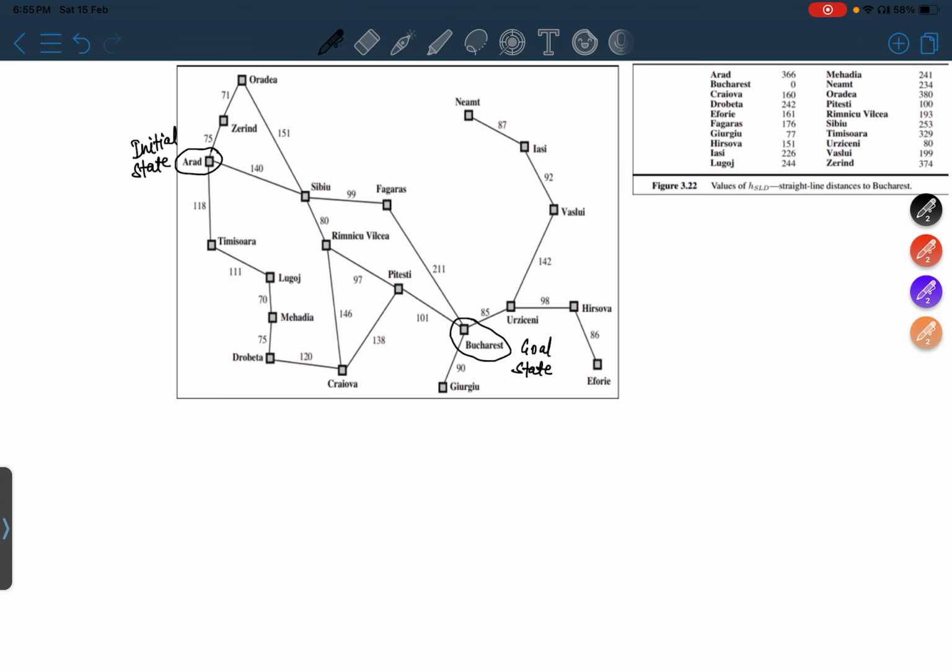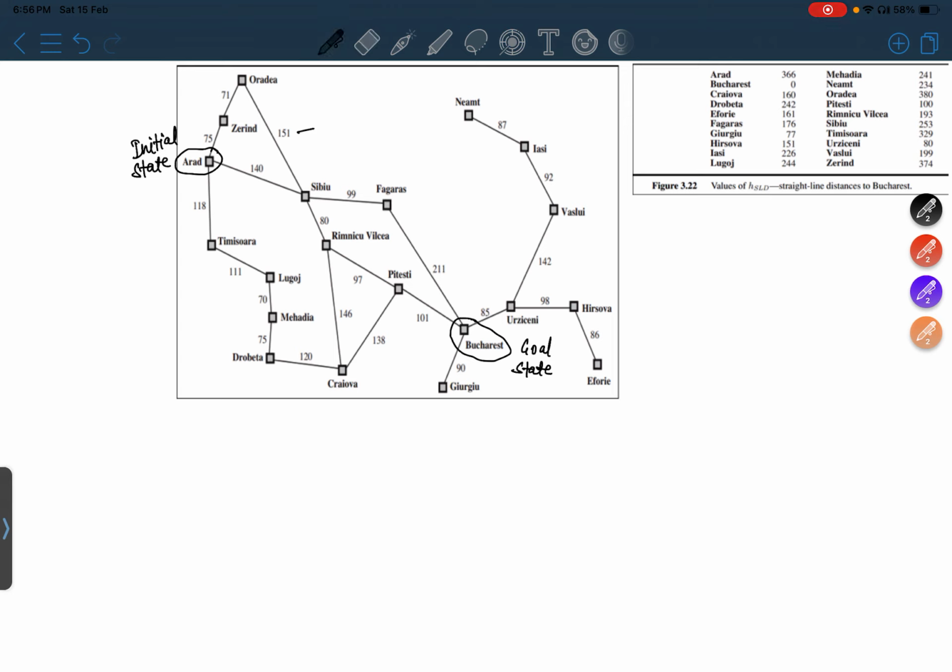Okay, so these values written on the edges, these values are the gn values, or technically these values are the cost of an action.